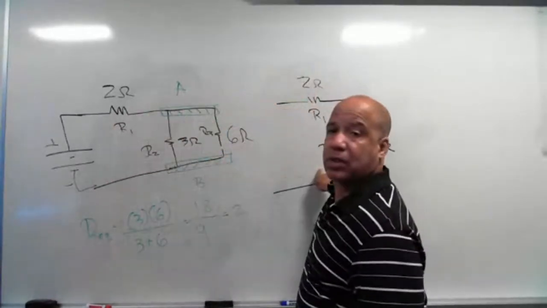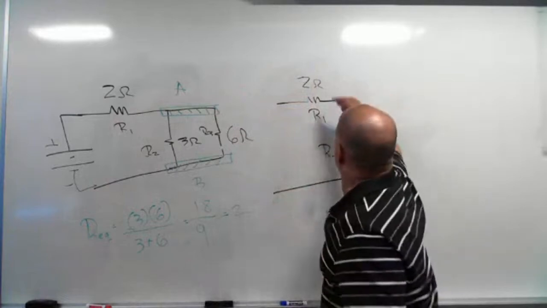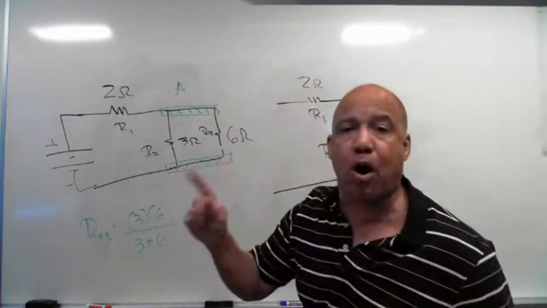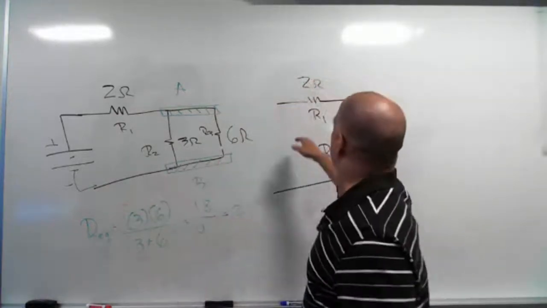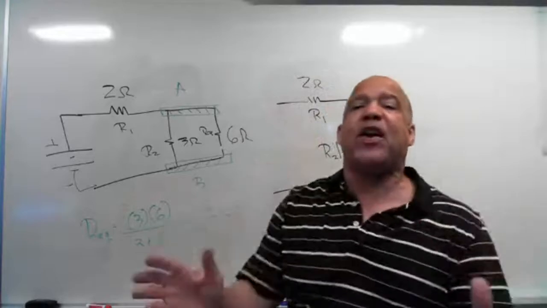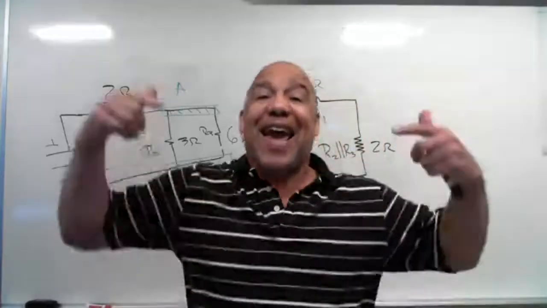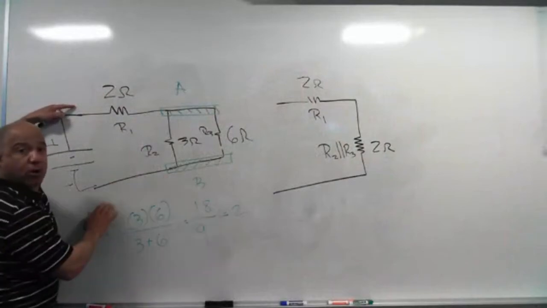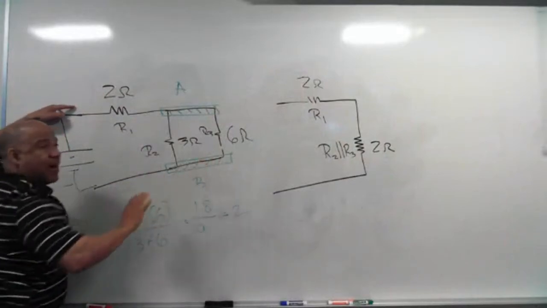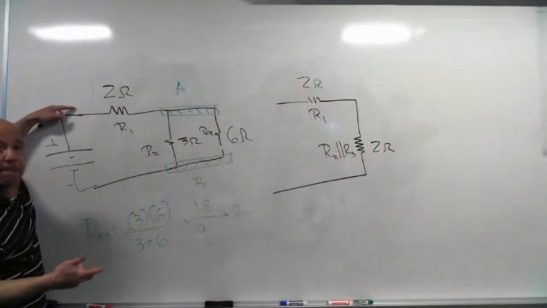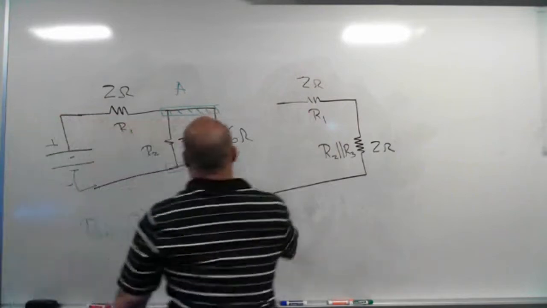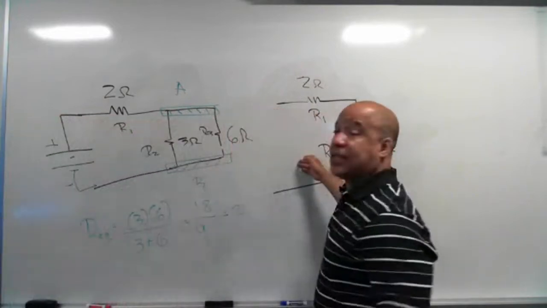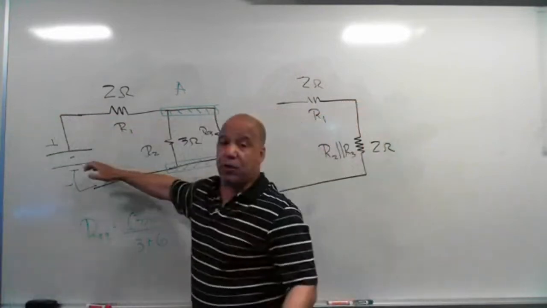It can't tell if there's 4 ohms or 1 ohm. All it feels is 4 ohms of resistance at its terminals, but it doesn't know how the 4 ohms are configured. The point, though, is that this circuit and this circuit are equivalent from the point of view of the battery.